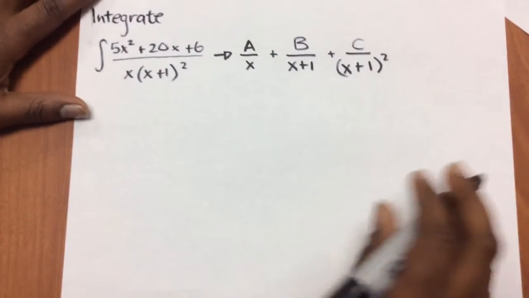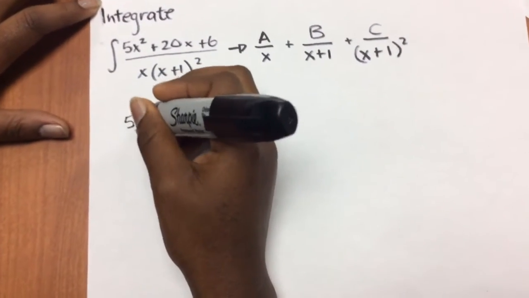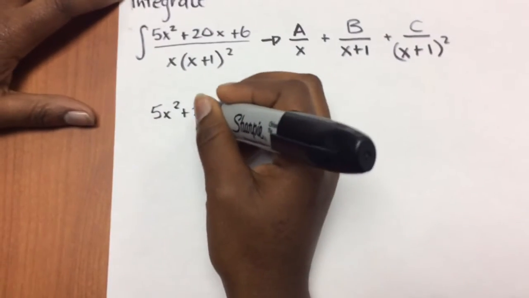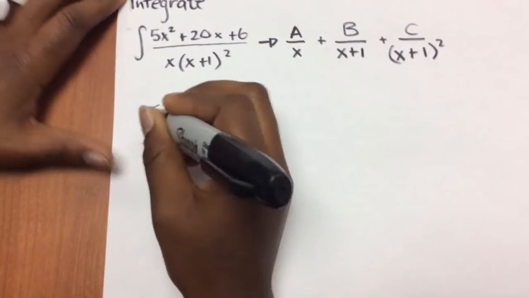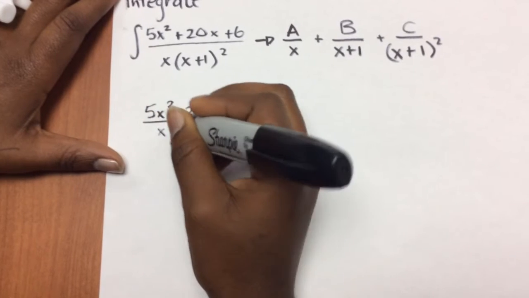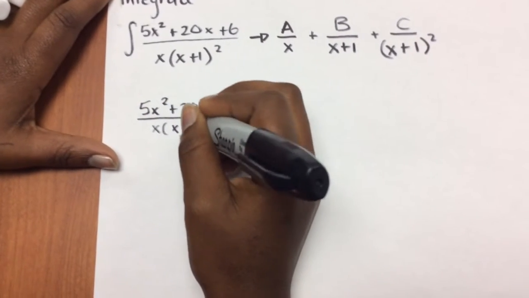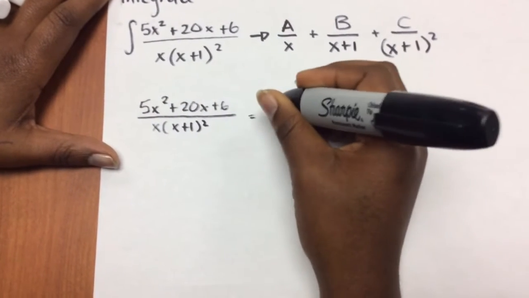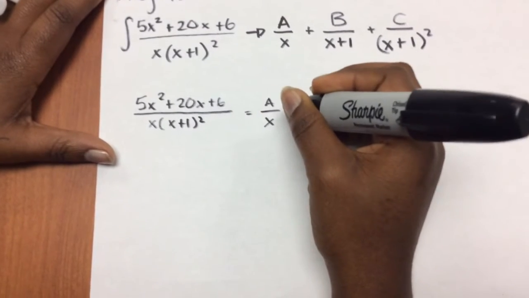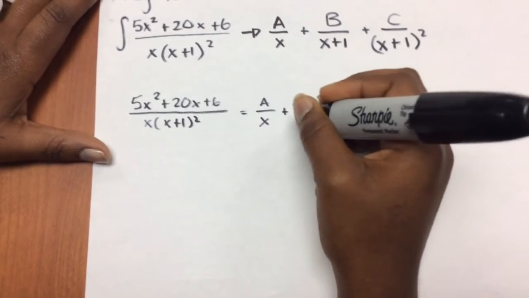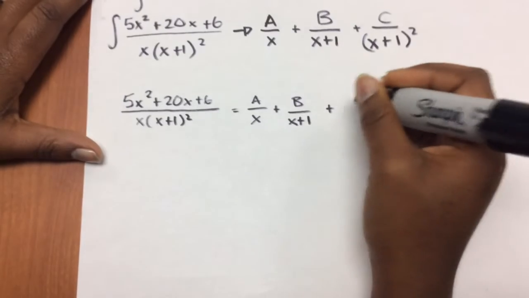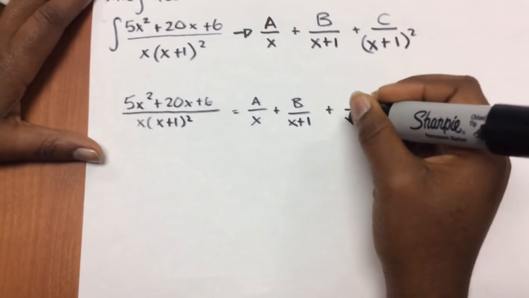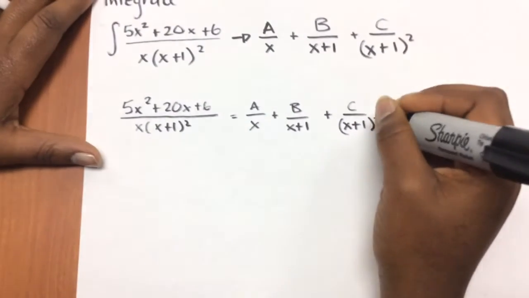Alright, so let's solve for A, B, and C. 5x squared plus 20x plus 6 over x times (x plus 1) squared is equal to A over x plus B over x plus 1 plus C over (x plus 1) squared.